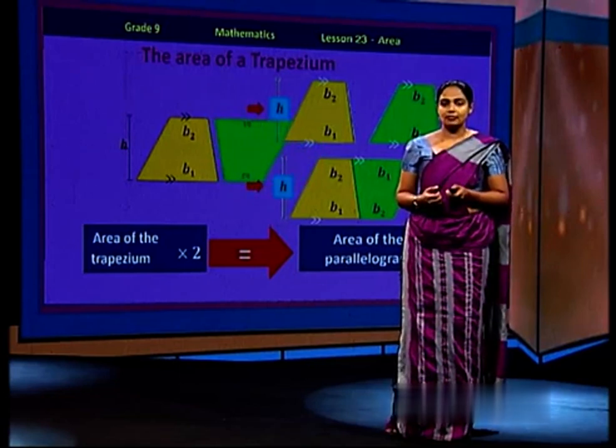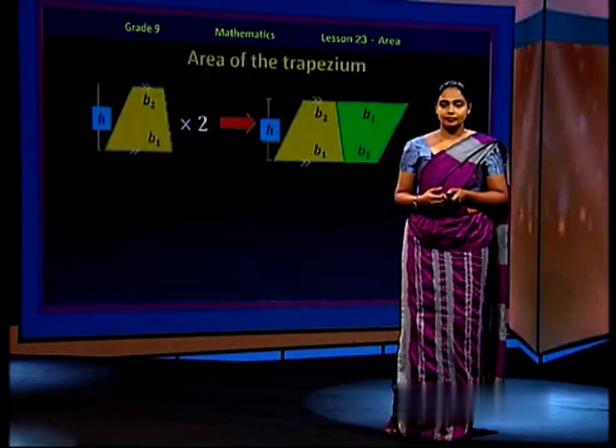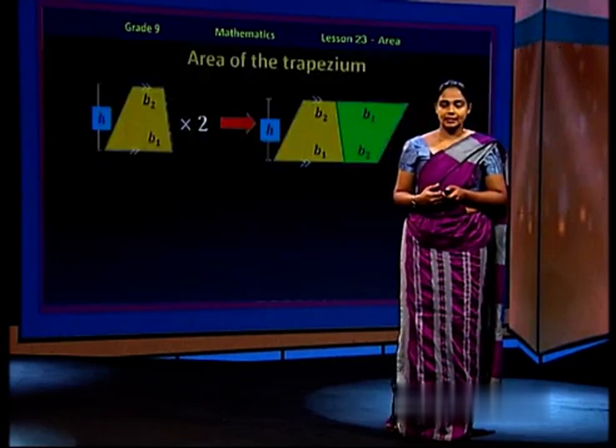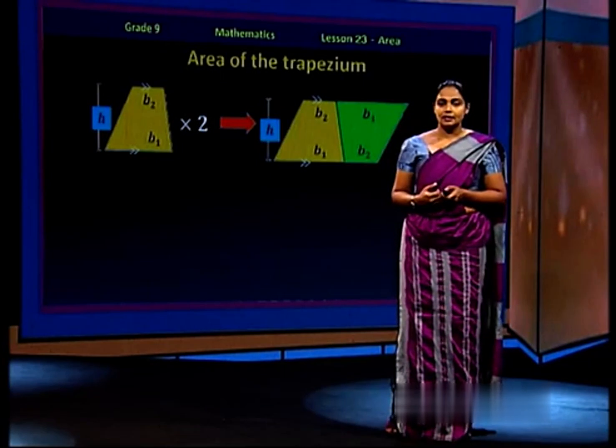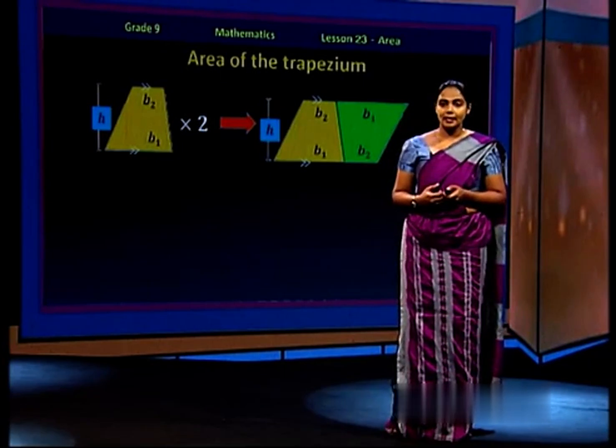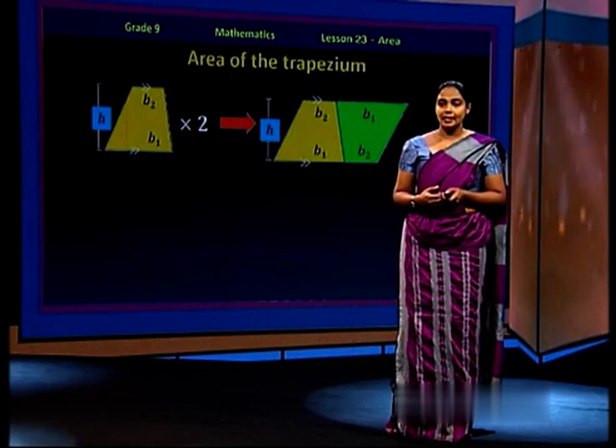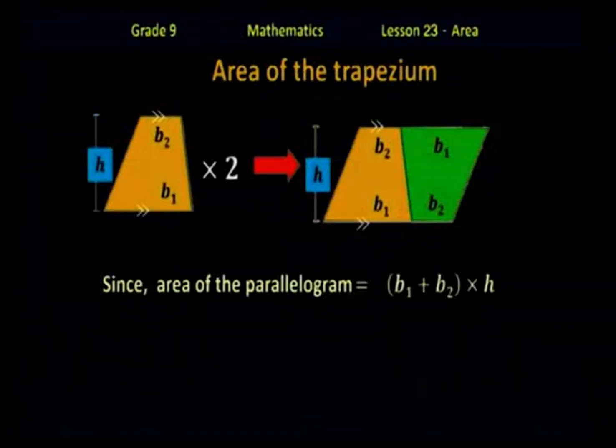Now what is this one? Next, there is the activity. You can multiply the area of the trapezium by 2, then we obtain the parallelogram. Since the area of the parallelogram equals b times h, why are we writing the base as b1 plus b2?